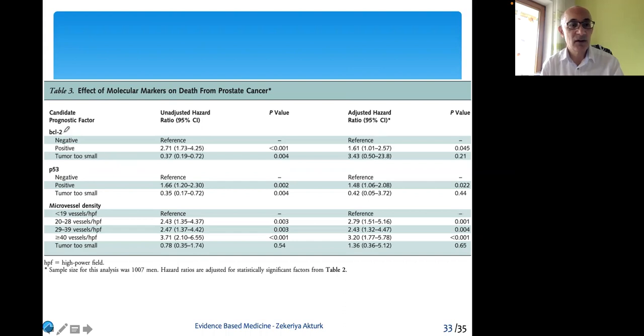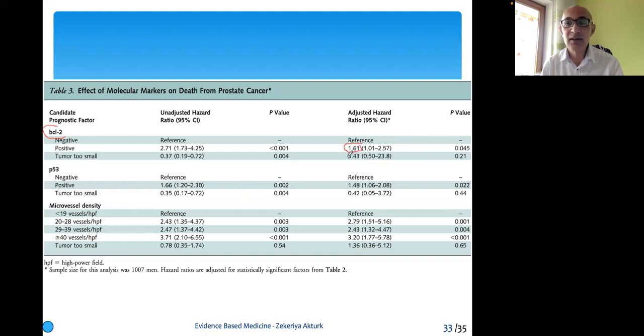You see the marker here, BCL2. If it is positive, compared to negative as the reference, it has a hazard ratio of 1.61.